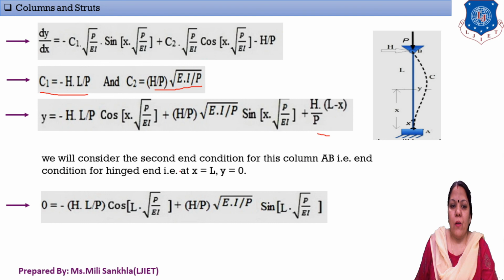Here at this B point the value of x is equal to L, and at this B point our deflection y is equal to 0. Here the second boundary condition we apply at B point.